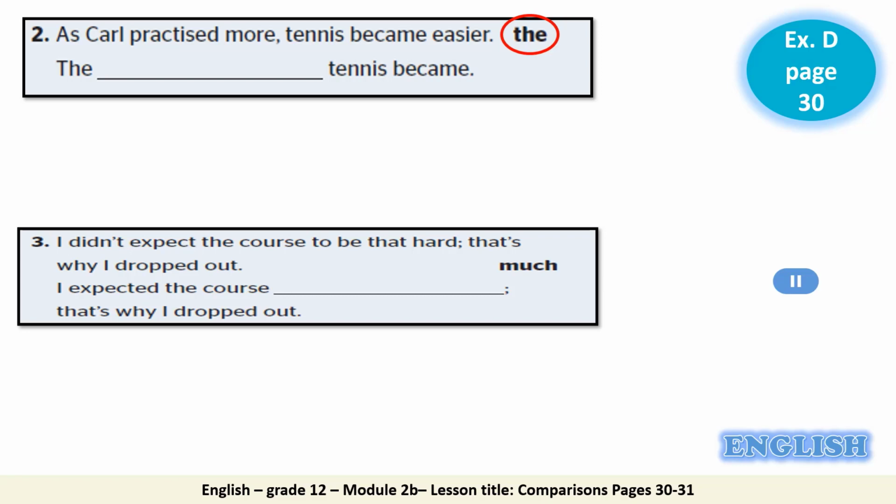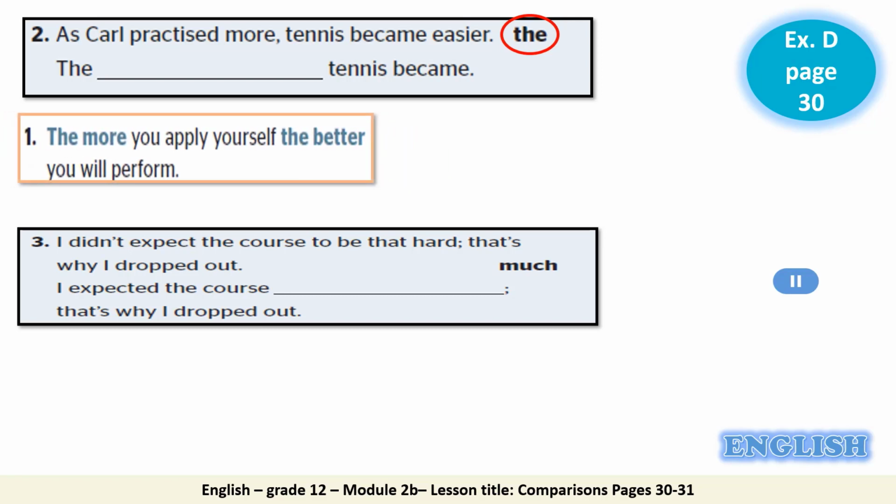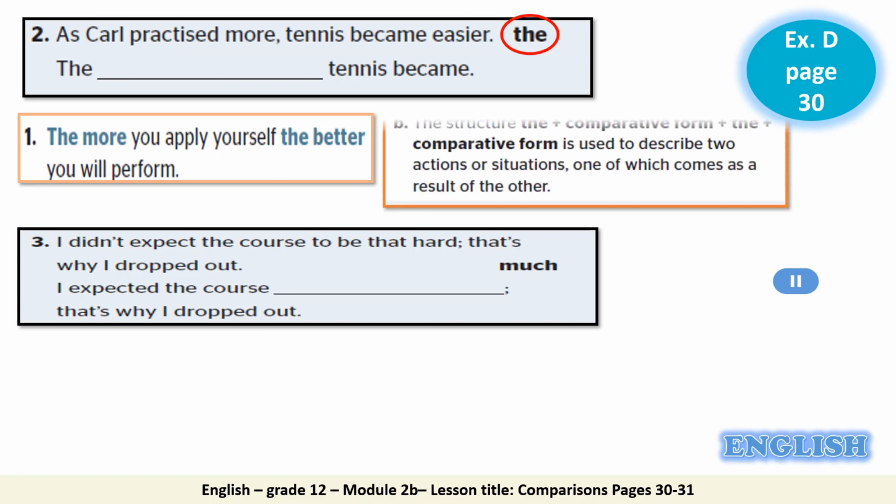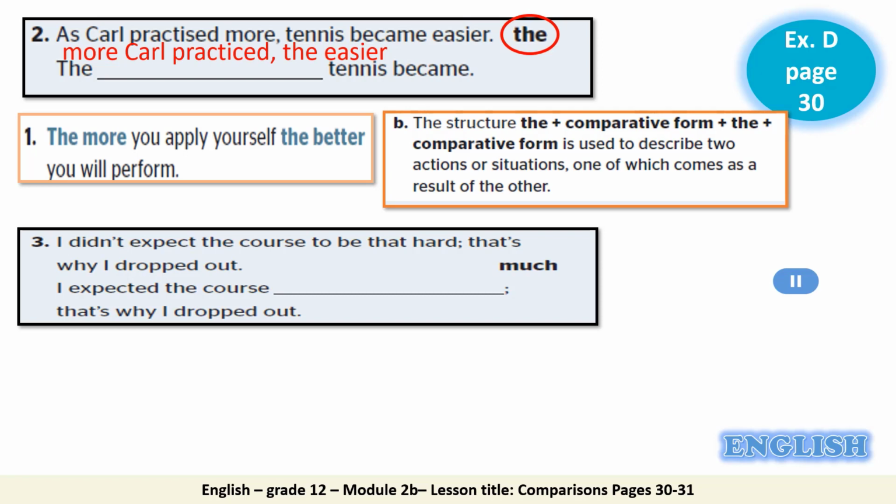But do you think we have to use the superlative as we did in the previous sentence? Certainly not. Actually, this reminds us of the following sentence together with the following rule. So, the right answer cannot be other than this. The more Carl practiced, the easier tennis became.